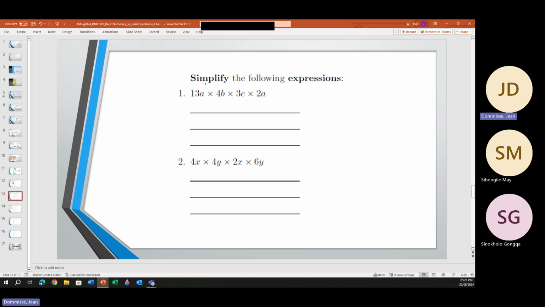Okay, so multiplication is now a bit different. Where adding and subtracting were only allowed with the same variables, now it's nearly a free for all. You can multiply across.